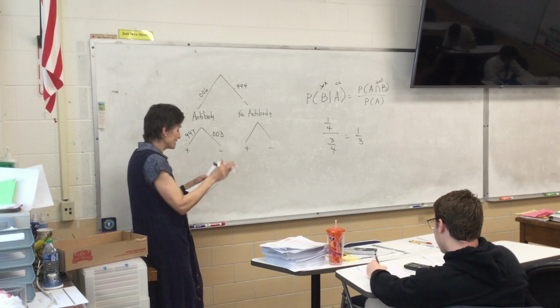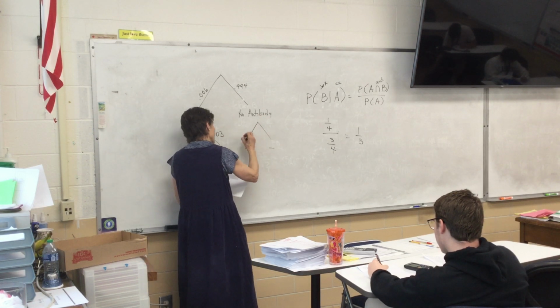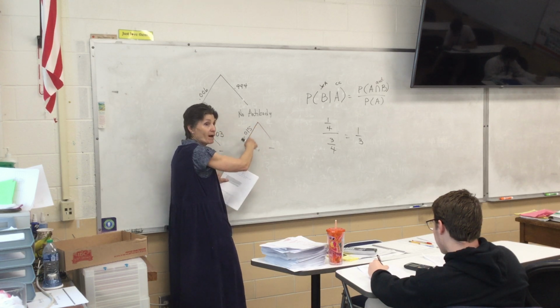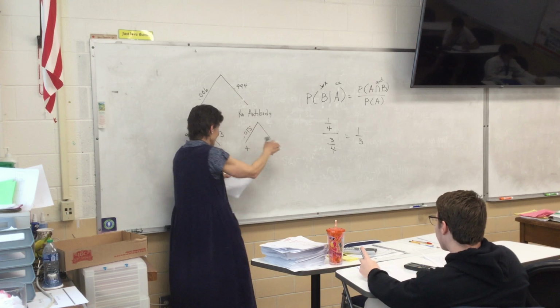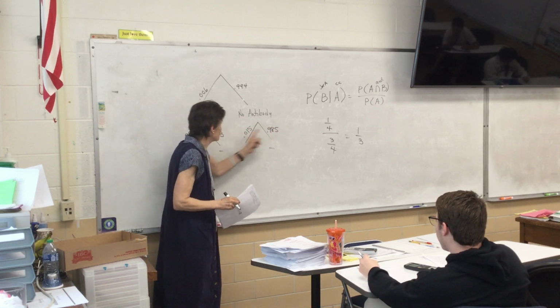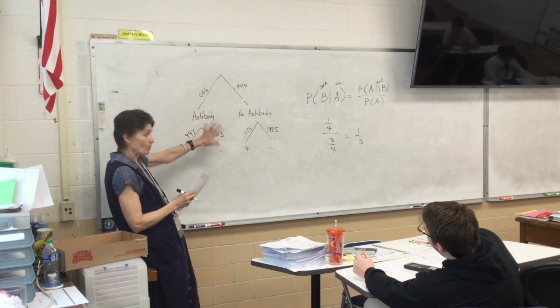If the antibody is not present, so no antibody, 0.015, this is called a false positive, right? You don't have it, but they're telling you you do. And then this would be 0.985. They actually don't have to give me these two numbers. You should be able to figure those out, but they gave them to us, so that's good. Are we okay with that?